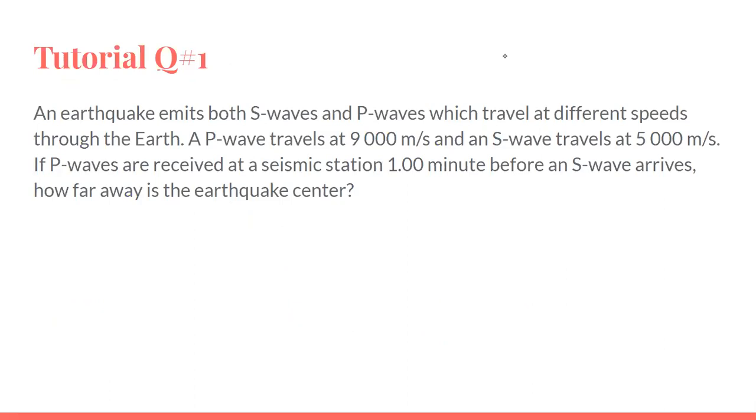The first bunch of waves that arrive are called the primary waves, and then later the secondary waves, the S waves, happen. The P waves show up first, and then the S waves.